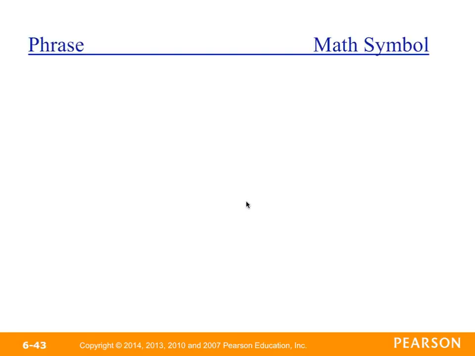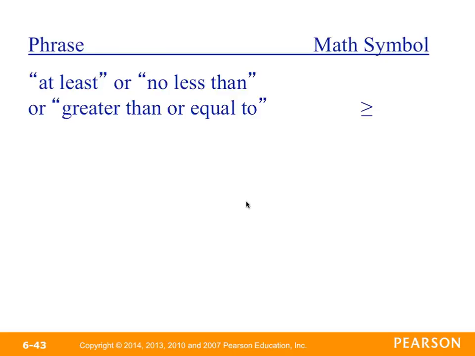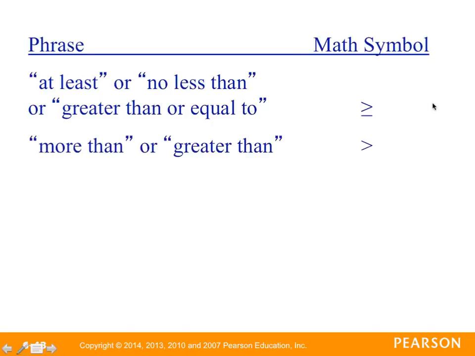So before we actually get into some of the problems, we want to talk about what various phrases correspond with which math symbols. So let's look at some phrases here. If you see the words at least, no less than, or greater than or equal to, then it's going to go with this greater than or equal to math symbol here. So these 3 things all mean the exact same thing.